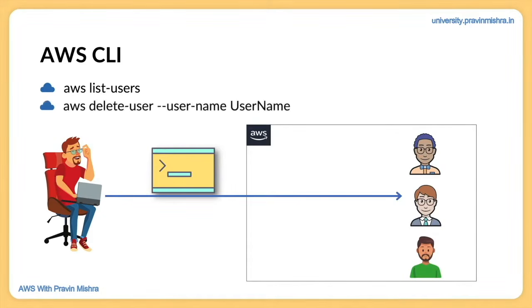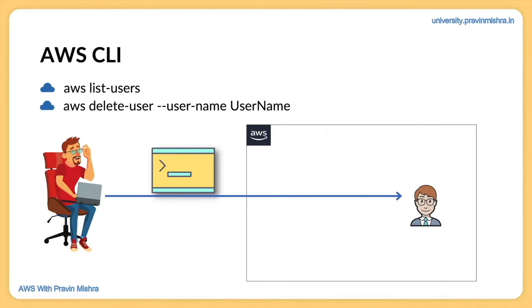And if you want to delete a user, you could use the command aws delete-user --user-name, then the user you want to delete, and it will delete the user from your account. You can also combine these two commands to execute both tasks in one step, and that's the significant advantage of using the AWS CLI over the Management Console. You can automate tasks in the CLI.